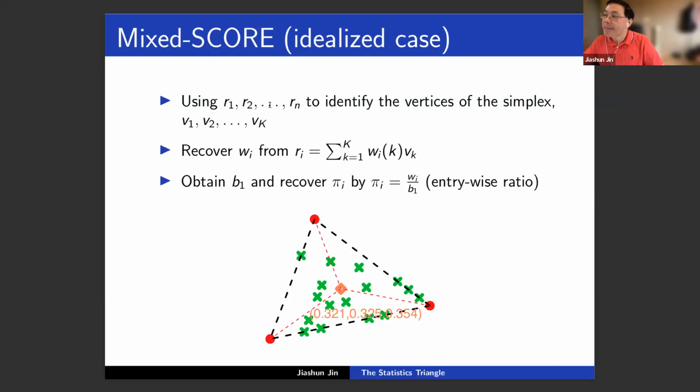Because they form a simplex, it's not hard to find the vertices of this triangle, or the simplex. Once you have the simplex, you can use R_i to recover W_i, and once you have W_i, you can easily find your pi_i.